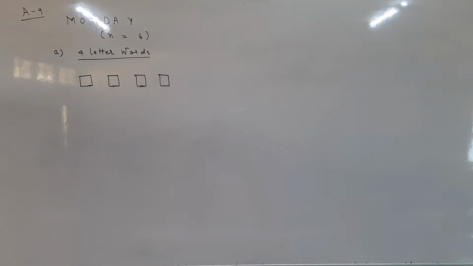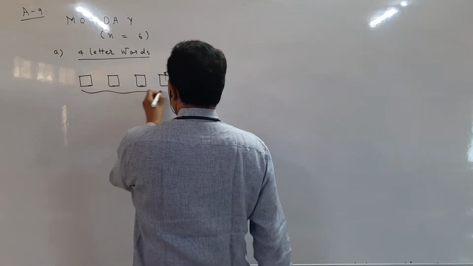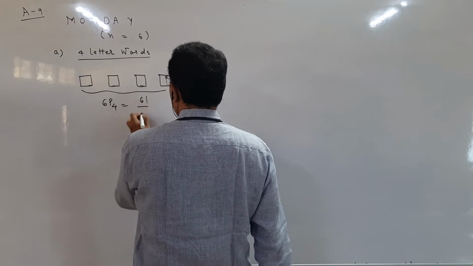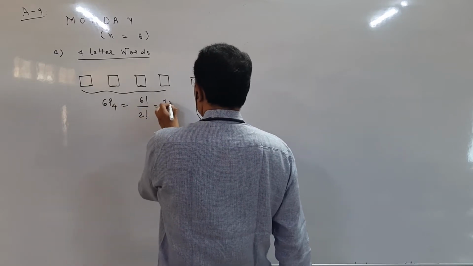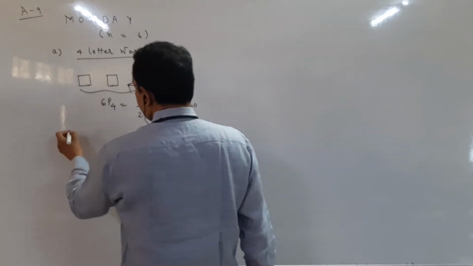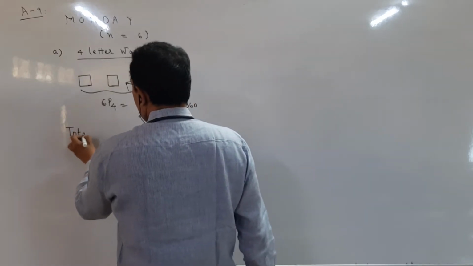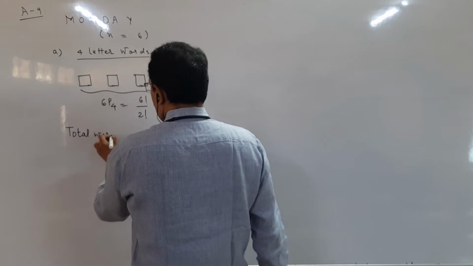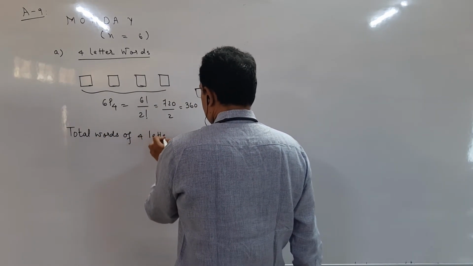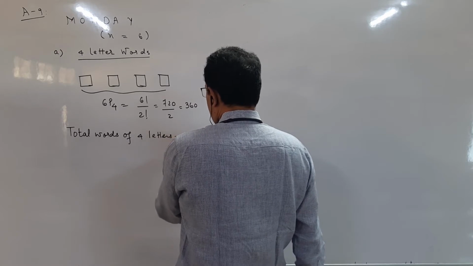Suppose we were to use 6 letters out of 8, then it is 8P6. Here I have to use 4 letters. So total 4 letter words formed will be 6P4, and that is nothing but 6 factorial upon 2 factorial. So 720 divided by 2, so 360. So the first part of the sum, total words of 4 letters is equal to 360.